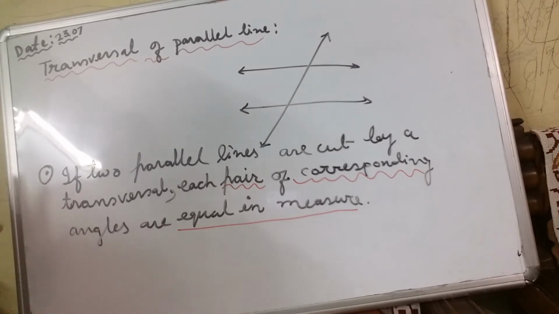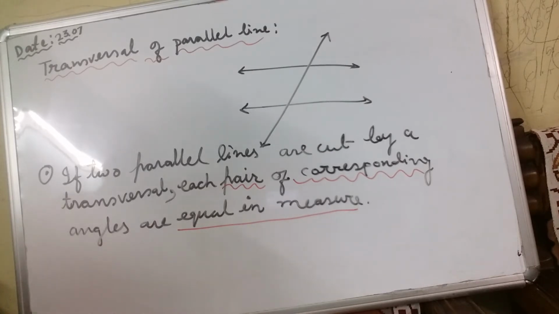Before starting our today's topic, let's recall what we have learned in our previous class. We have learned pairs of lines like parallel lines and intersecting lines.